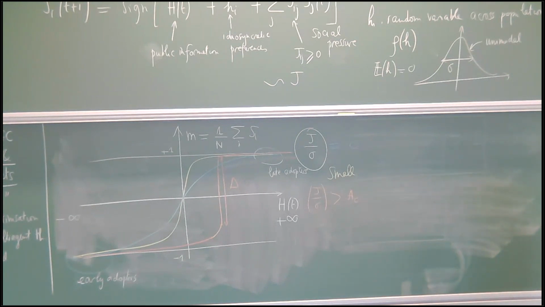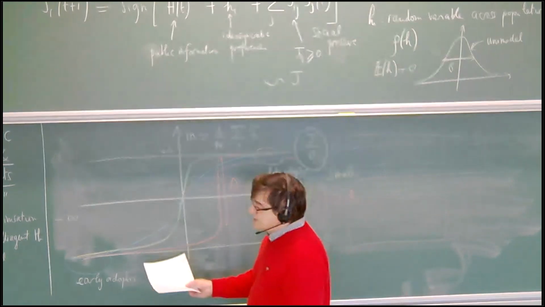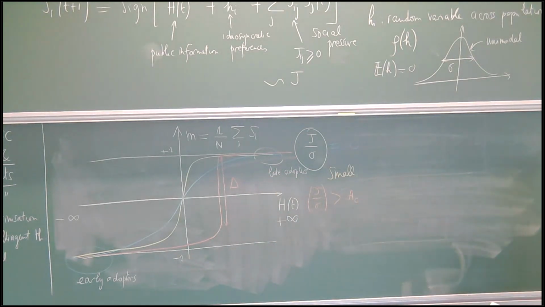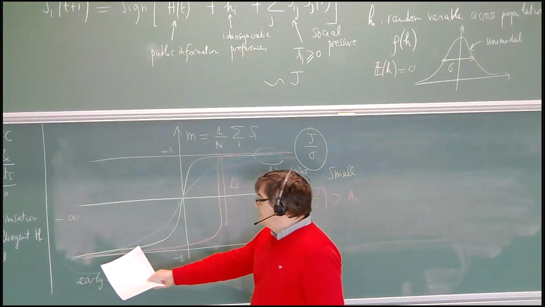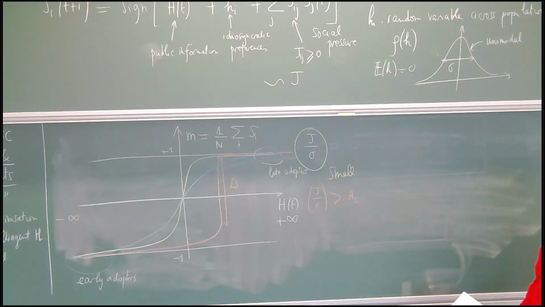Now, the second thing that is interesting about this model is what happens on the way back. Imagine that, of course, in the case of cell phones, this is silly because the technology never goes back in time. But imagine that we're speaking about an economy or the stock market. Then you can think of this red curve as the number of people who are optimistic about the state of the economy.